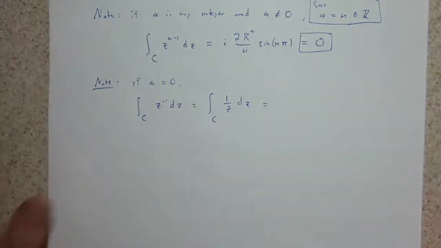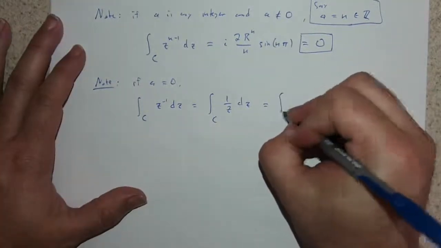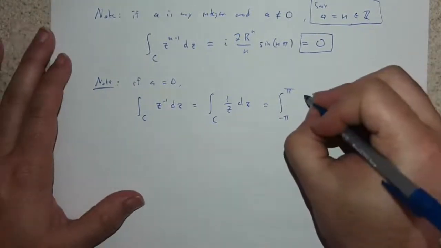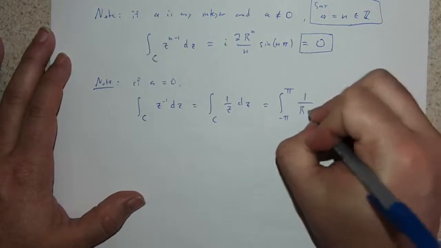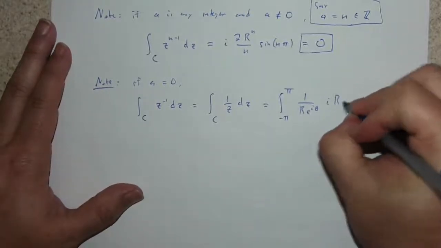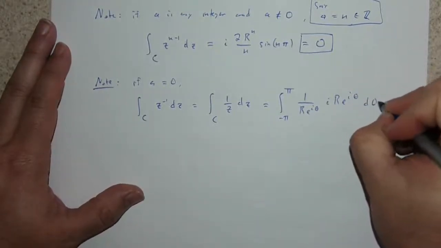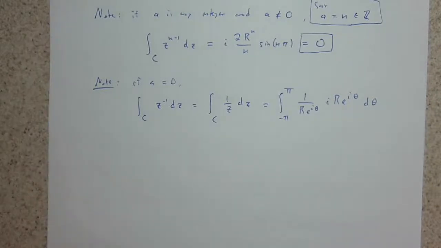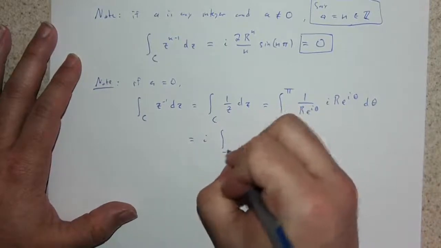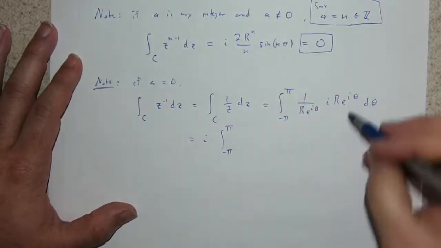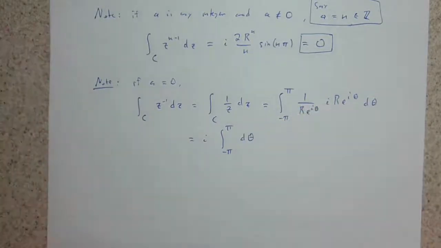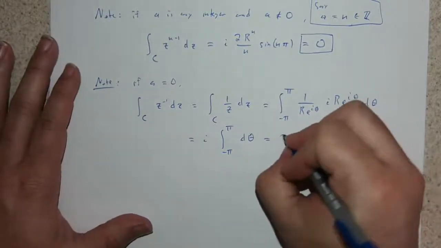Well, this is then the integral from minus pi to pi of 1 over r e to the i theta times i r e to the i theta d theta. I can pull this i out. So this is i times the integral from minus pi to pi of, these things cancel, and so this is just d theta. So this is 2 pi i.